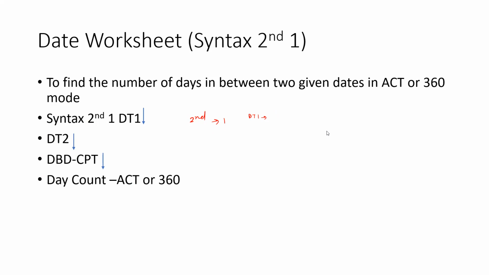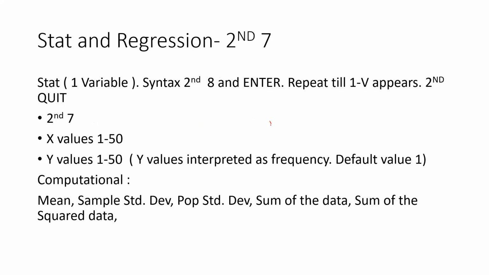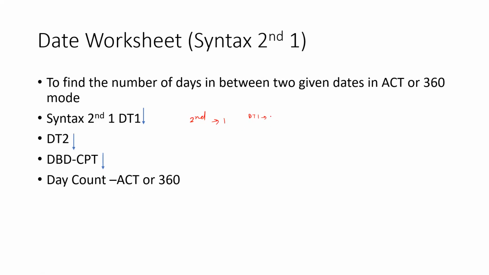Yes, I will have a look at the YouTube video so I can get more clarity. Okay, it doesn't matter. But do you have the calculator? Yes, I do. If you do have the calculator, you can see the value. Once you press second 1, you will see that DT1 has opened up. Again, if you press the down key, you will see DT2, and then press the down key again, you will see DBD. Okay, exactly the way we have seen.